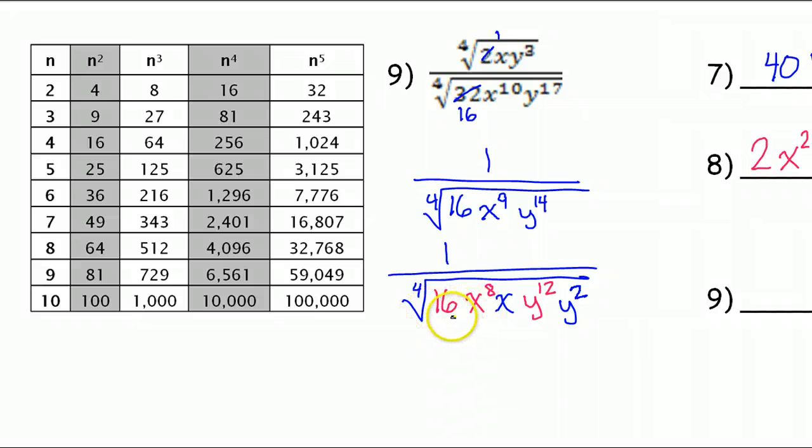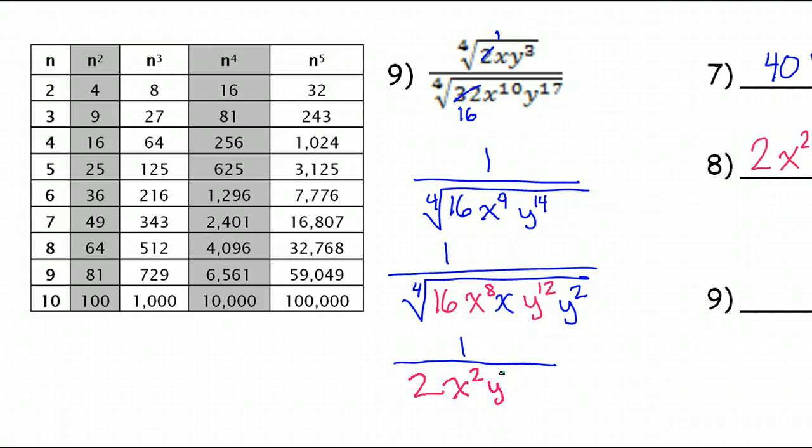Now everything in pink here is going to simplify and come out of the radical. Please do not forget that this entire thing is in the denominator, so we need that 1 up there. See, the fourth root of 16 is 2. So I'm going to have 2 from that 16. For the variable, I just take 8 divided by 4. So that is x squared. And for the y here, I do 12 divided by 4.